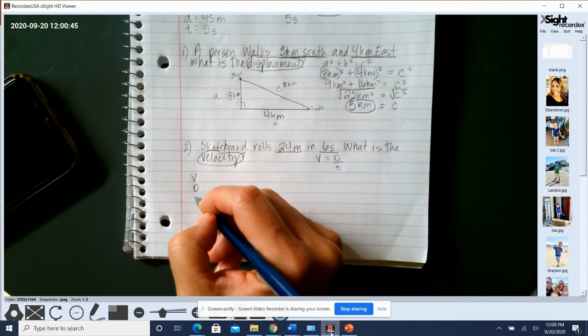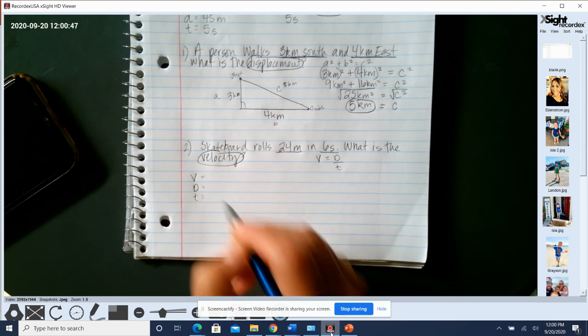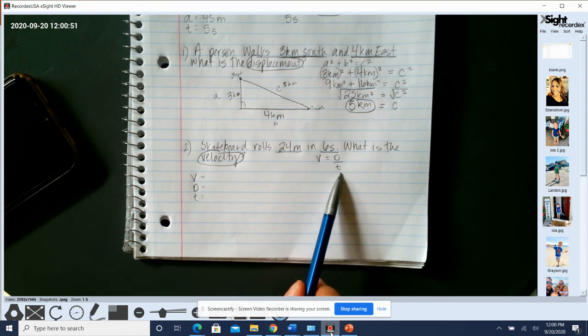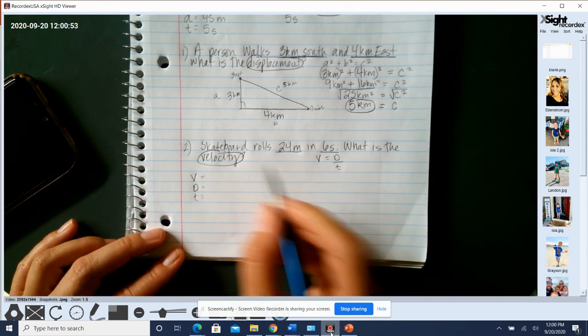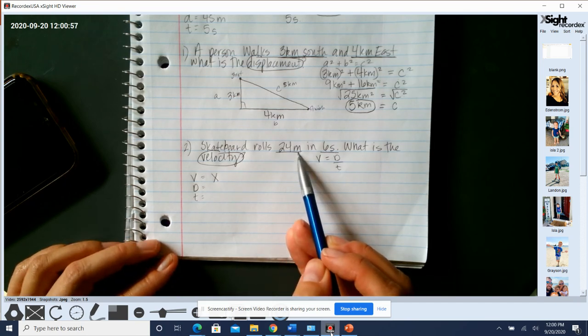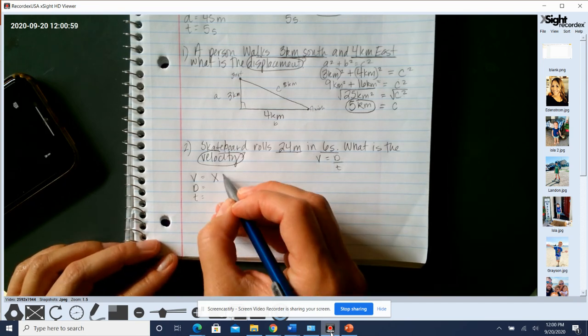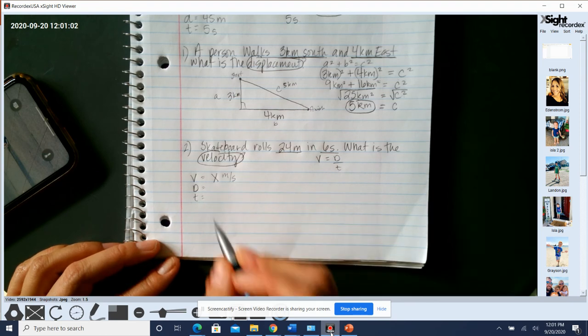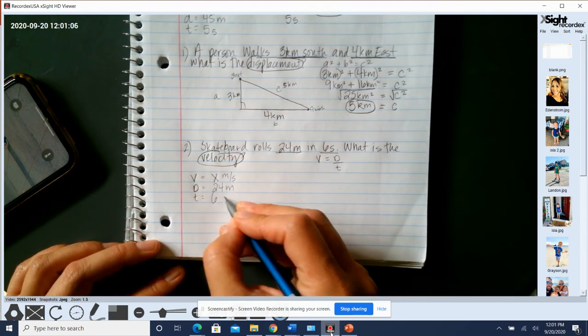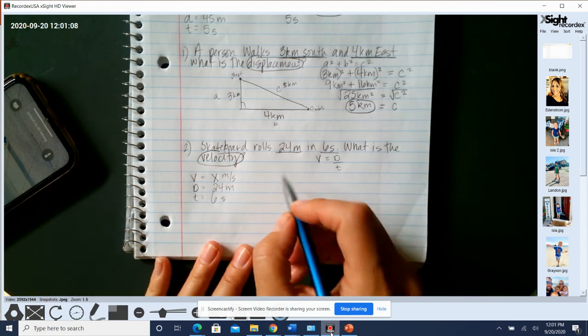We're looking for a v, d, and a t. These are our three variables: v, d, and t. Since we're looking for velocity, it's going to be x. The units are meters and seconds, so it's going to be x meters per second. The distance is 24 meters, and the time is 6 seconds. And now I just plug it in.